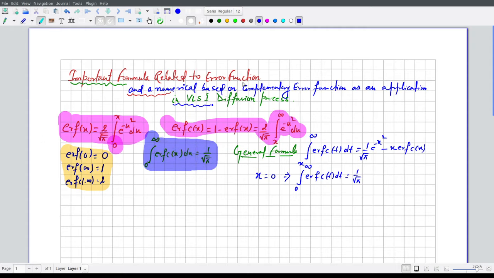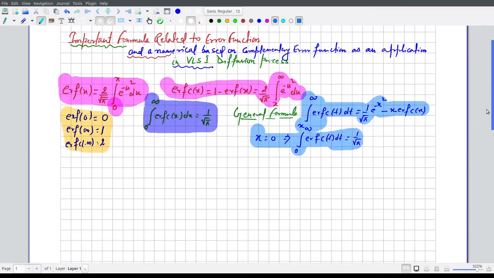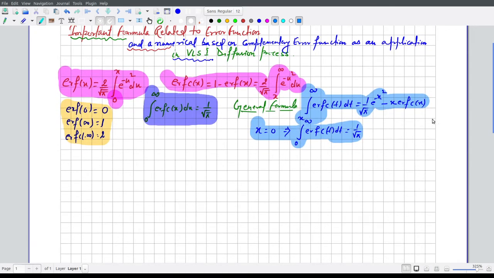This is the more general formula, and this is the basic proof of how we can achieve the 0 to infinity complementary error function integration by using this formula. So this is also important. These are the basic formulas that we have to keep in mind for the error function and complementary error function.